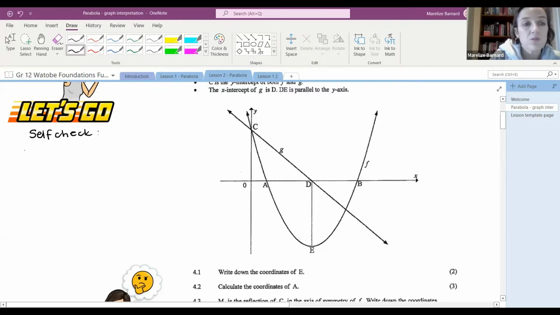For each graph, you have to be able to sketch that graph. So we are now doing parabola. You have to be able to sketch a parabola. You have to be able to find the equation. So do it the other way around: if given the sketch, find the equation. You have to know all the characteristics of the graph.